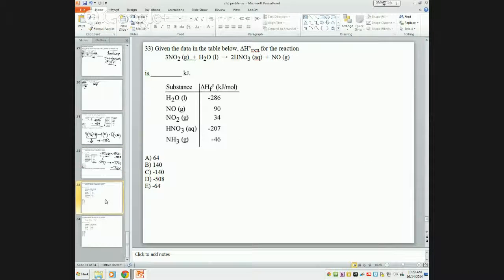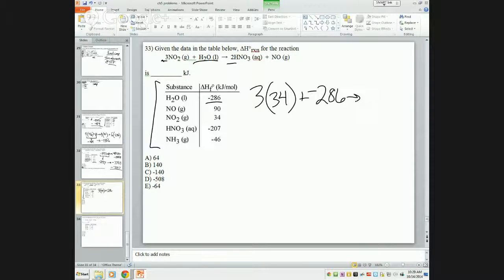And 33, same thing but different. So I'm gonna look to this chart to figure out which heats I'm using. I'm gonna pay attention to the coefficients, so I know if I gotta multiply. So we got 3 NO2, so it's 3 times what NO2 was, which is 34. I'm gonna combine it with a negative 286, and the products, we got 2 times negative 207, and NO, which is 90.